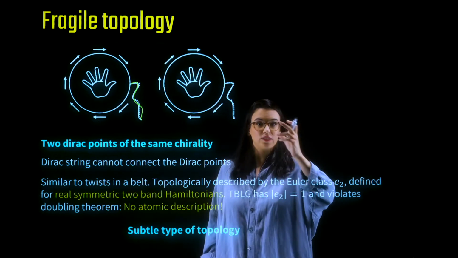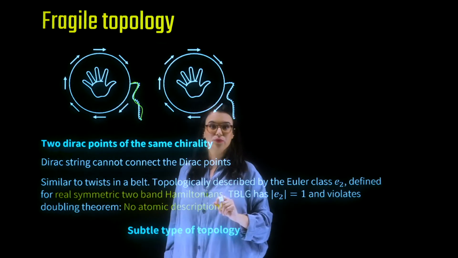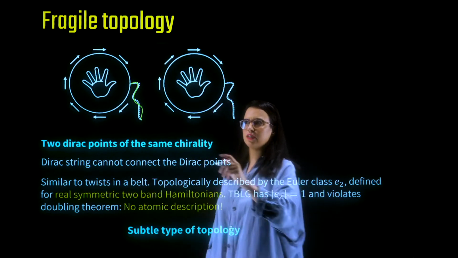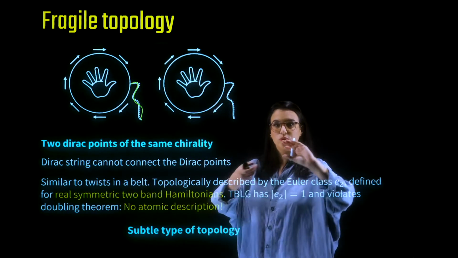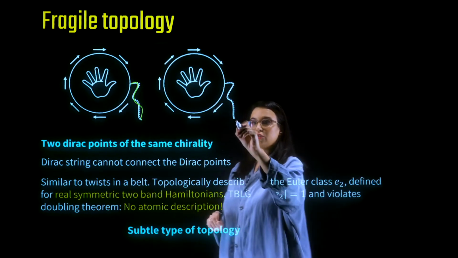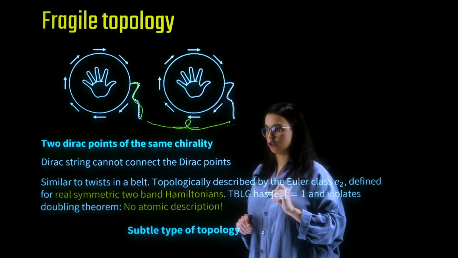That means the sign change of the wave functions. And we can see that in order to connect these two Dirac points, we would require to twist this string. It's not really possible to connect it without twisting these two.